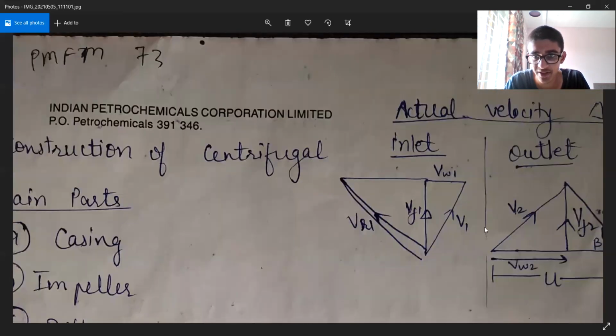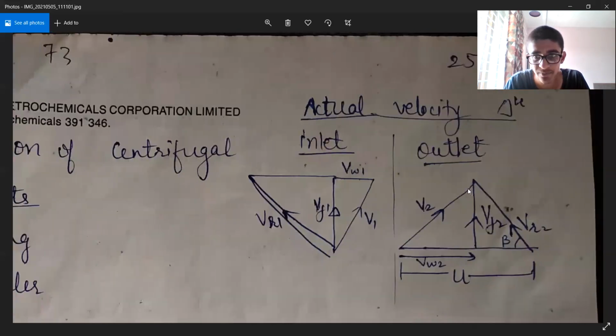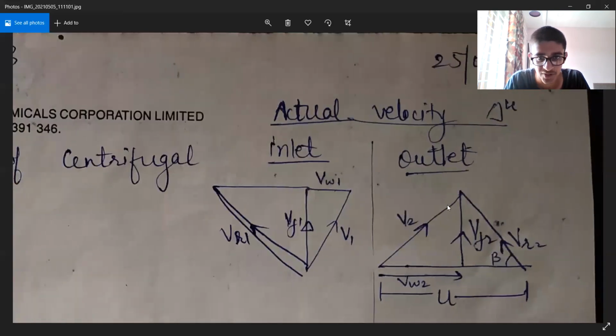The actual velocity triangles are also useful while solving problems, and they look like this. In the inlet velocity triangle, we'll have a non-zero VW1. This change in VW1 will change V1. Earlier we had V1 equal to VF1 and VW1 was 0. But over here we have a non-zero VW1 and that will change V1. So we'll have a non-perpendicular V1: the inlet absolute velocity is not perpendicular to the blades.